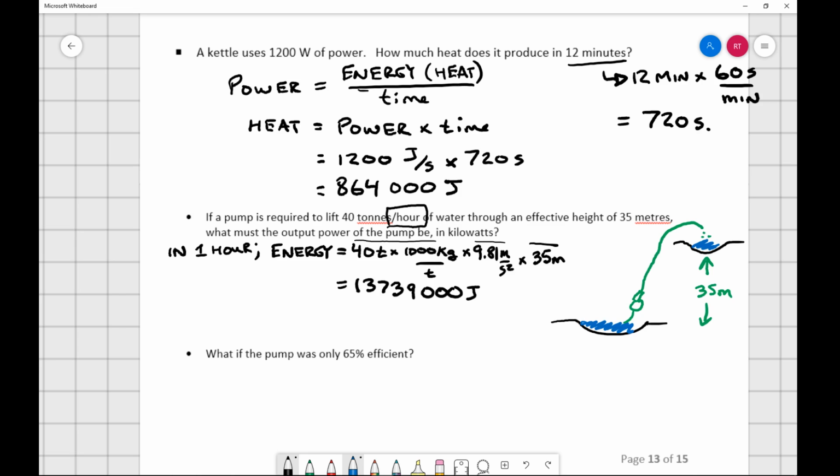Okay, we want to know the output power of the pump. So how much pumping power is required? Not over an hour, because power is measured in seconds.